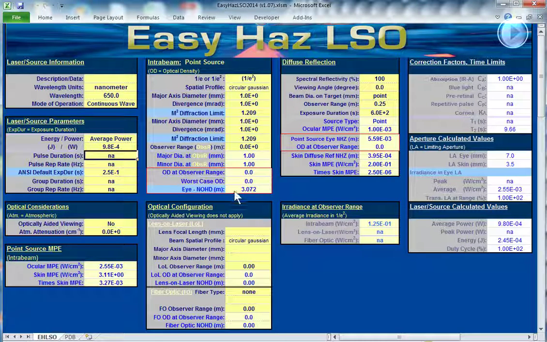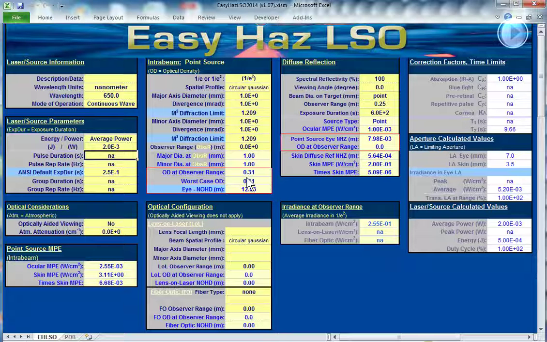We'd need to go just a little bit less to get the NOHD down, but that's really not a concern. You'll see that the OD at the observer distance is 0. So at 1 milliwatt we really have no OD, but at 2 milliwatts we have a 0.3. So that tells us that we have the one OD for each wavelength, to cover the 532.